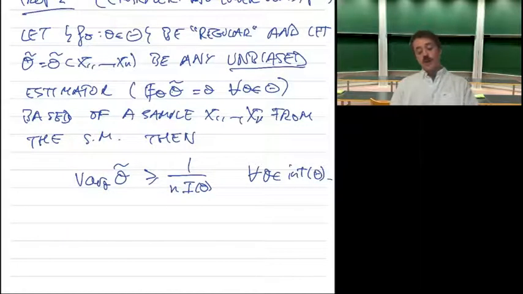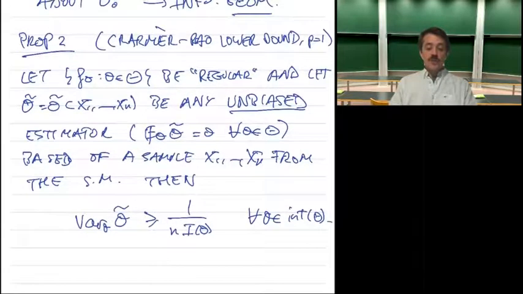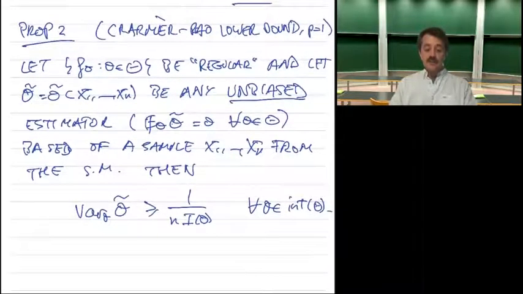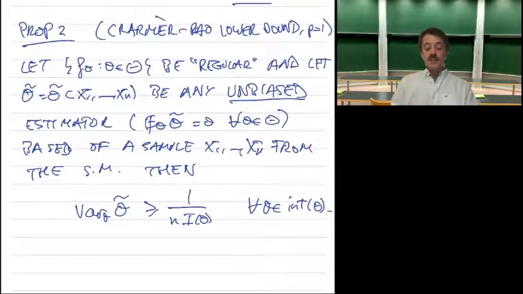Okay, so what is this inequality telling us? Let's get a bit of interpretation before going into the proof. Well, what it's telling us is that, of course, if the amount of information is very, very small, say if the I is a very small quantity, then the variance of the estimator is going to be very large.